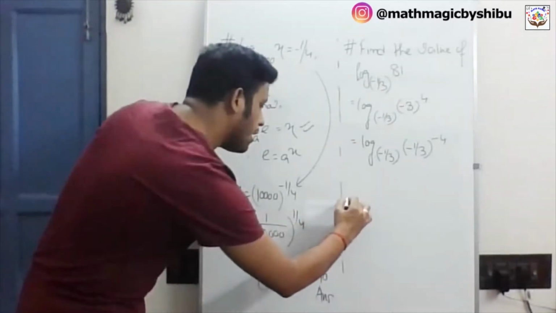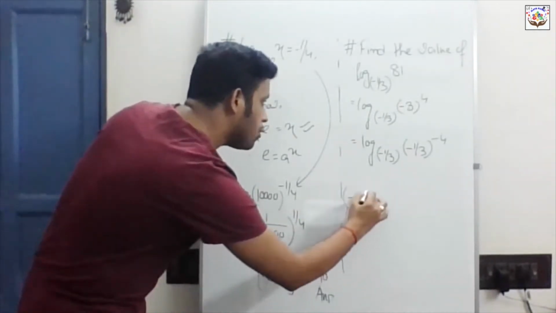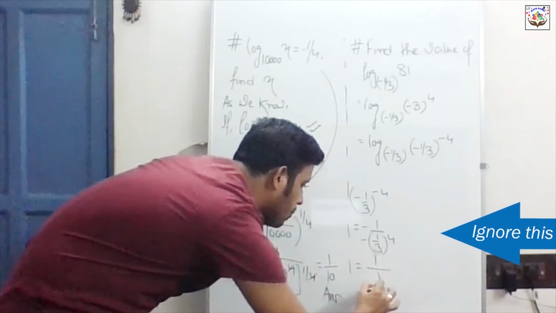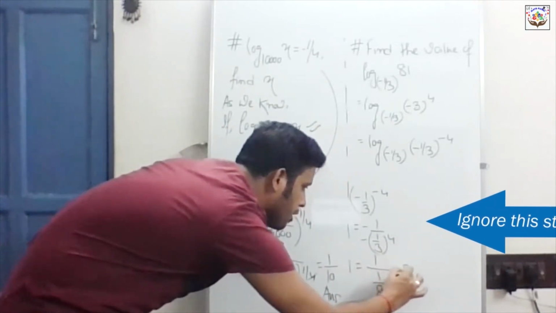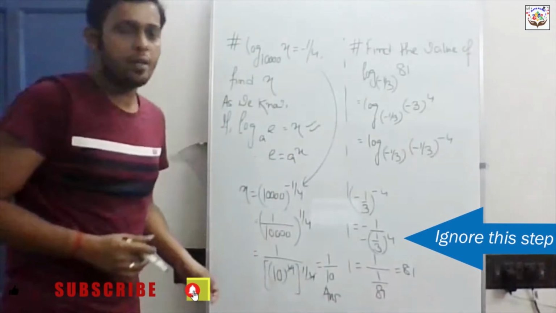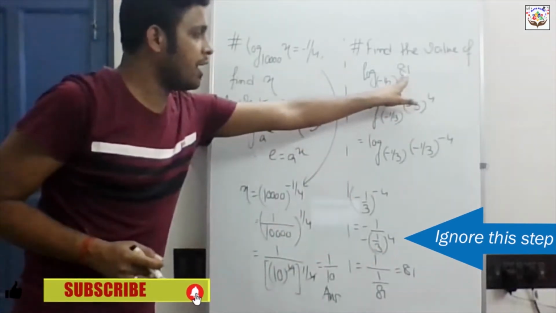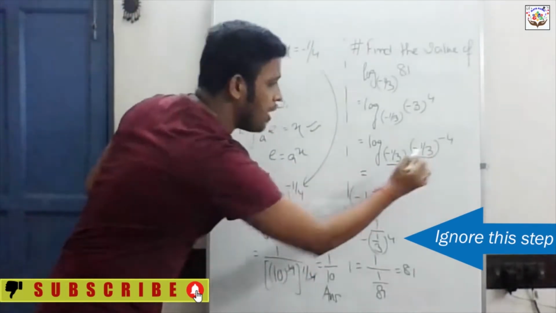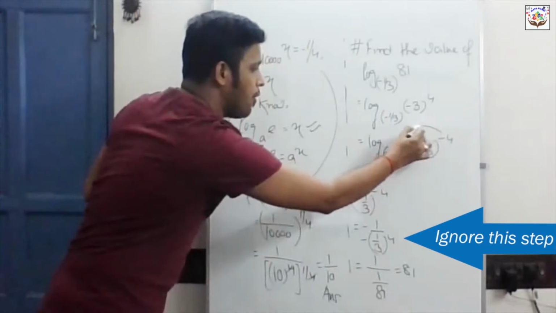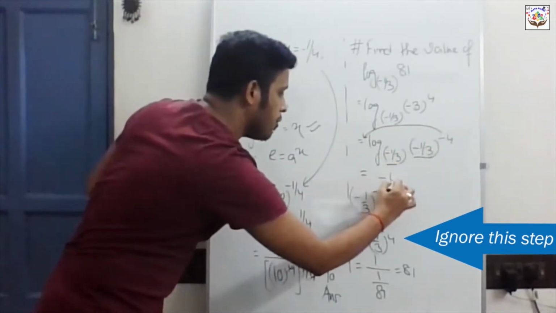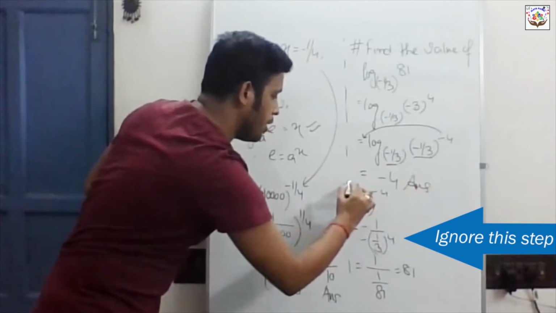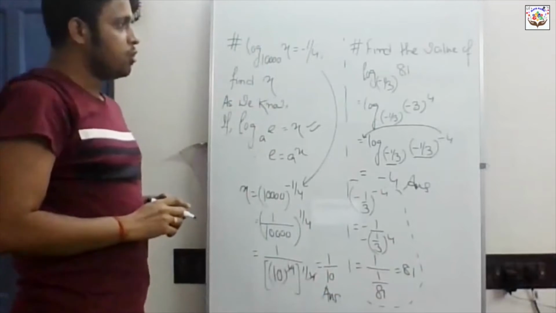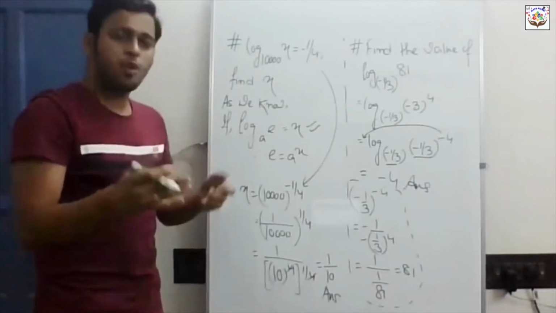If I write minus 1 by 3 to the power minus 4, it will become 1 by 1 by 81, so it will automatically become 81. So we have modified 81 as minus 1 by 3 to the power minus 4. We know the base is the same, and this power will come to the coefficient. So the answer will be minus 4 for this problem. This is the deduction to make you understand. So we will jump up to the next problem now.